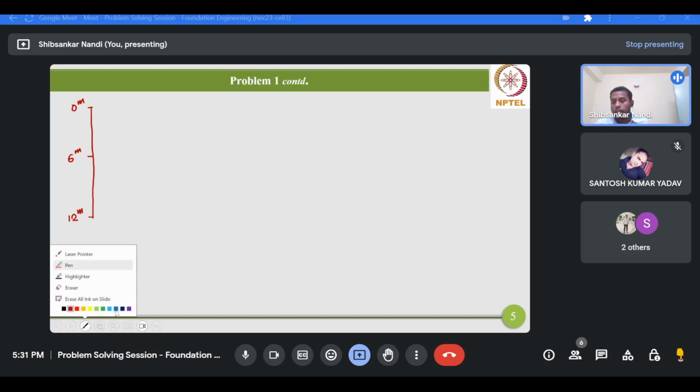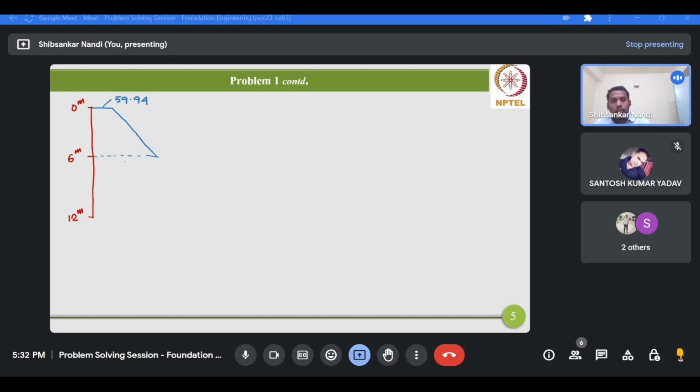Okay, so first we'll start from some value, 59.94. Then we'll come to the interface from the first layer.